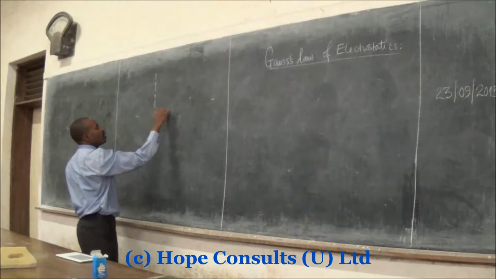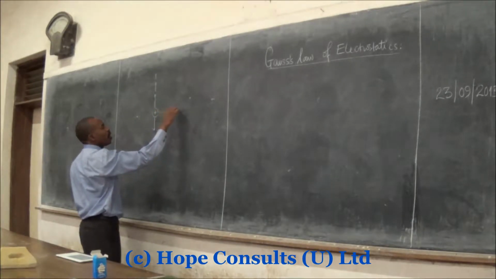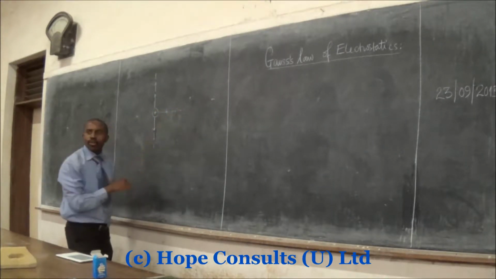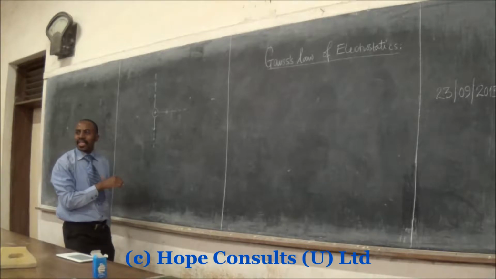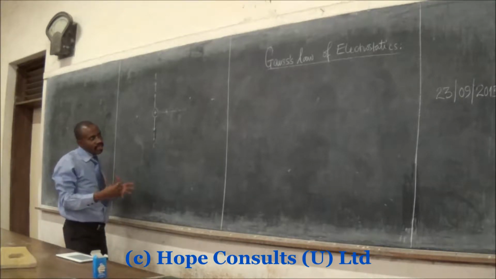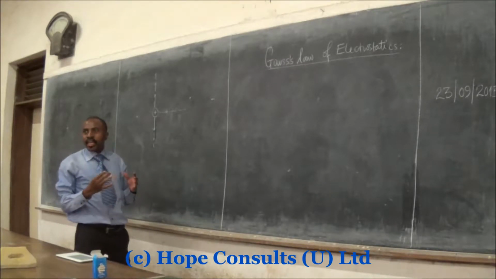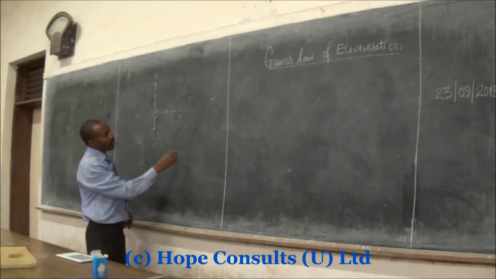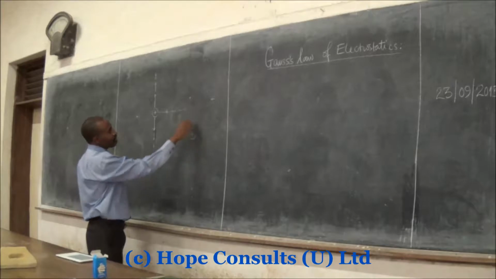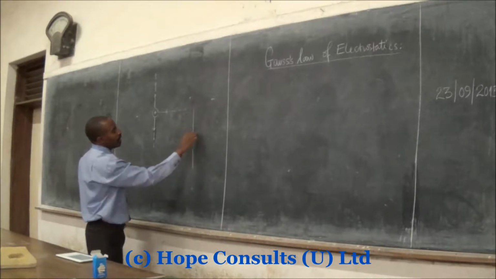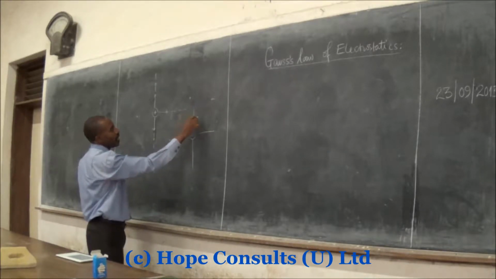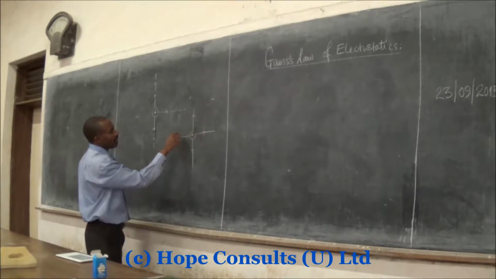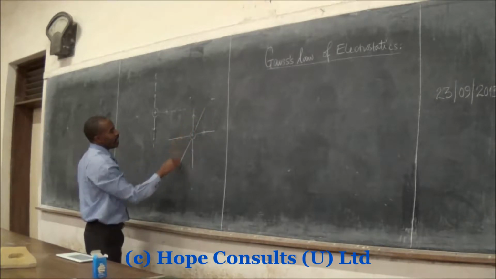But as you can see, it will be so laborious for us to draw this kind of field lines. Now the idea is we should just take the number of lines in a given area, such that if we have our positive charge, we draw the field lines as continuous lines.